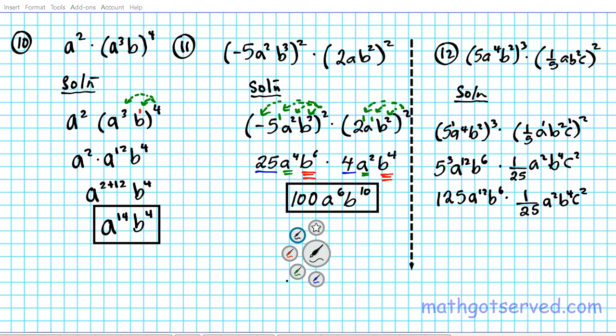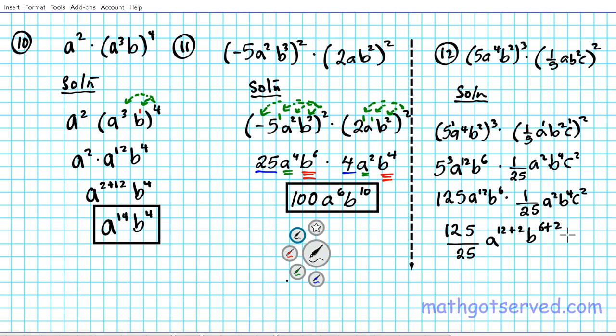All right, so let's go ahead and combine like terms. When we multiply 125 by 1 over 25, we have 125 over 25. Then a raised to the 12 plus 2, and then b raised to the 6 plus 2.